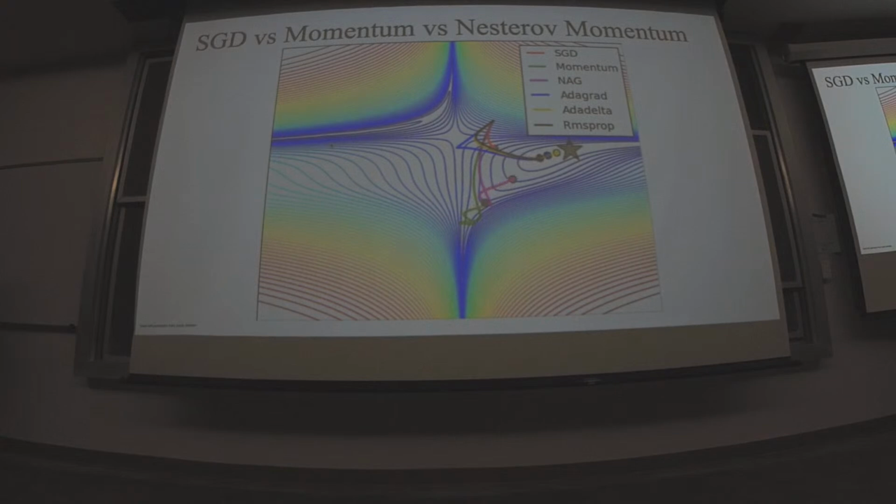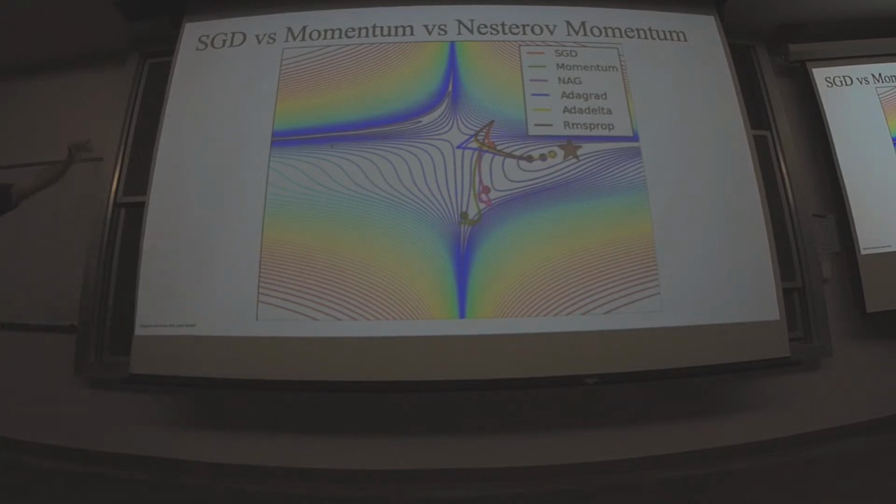Ooh. So here's an interesting loss surface. And what you're seeing are the learning trajectories for these different optimization schemes, except we haven't learned AdaDelta yet.